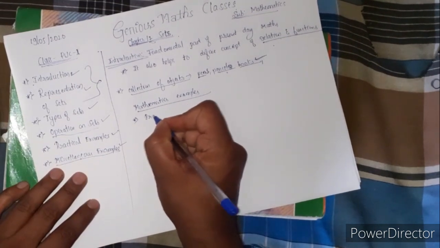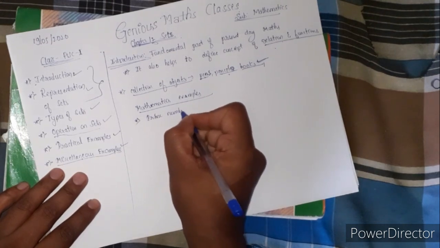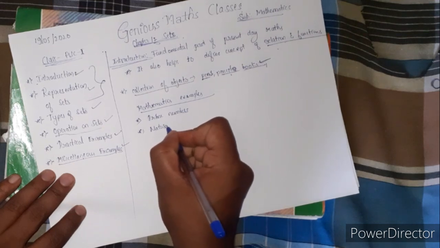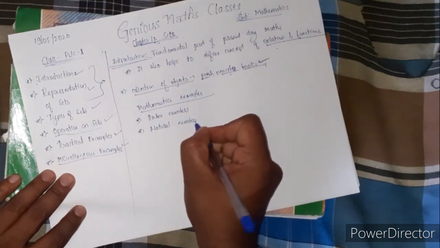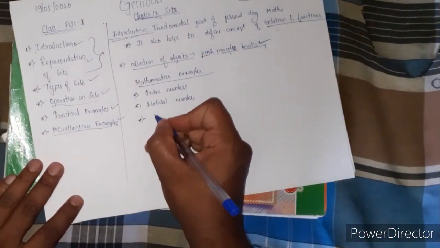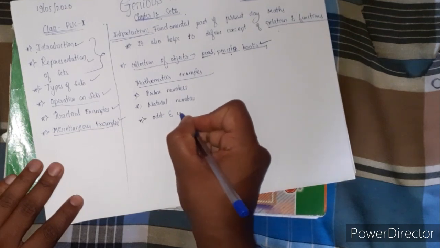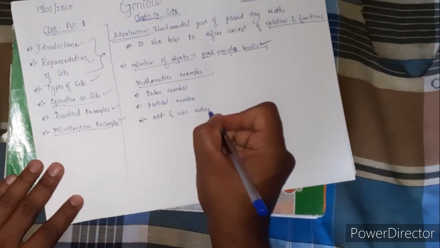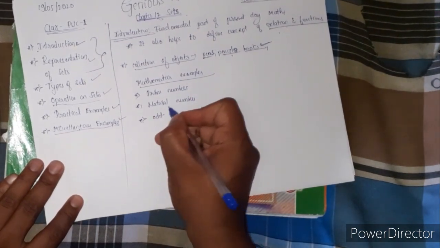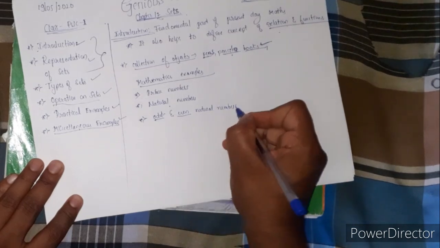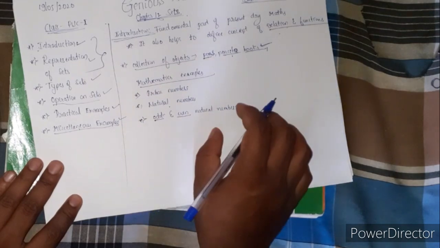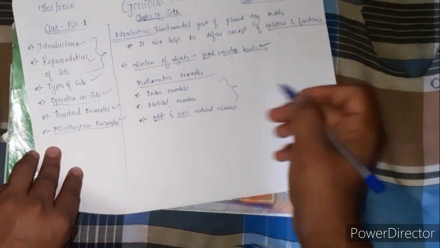We have studied prime numbers, so these are a collection of numbers, and natural numbers are also a collection of numbers, right? And odd and even natural numbers are obtained from natural numbers only. So these are mathematical concepts and examples of sets.